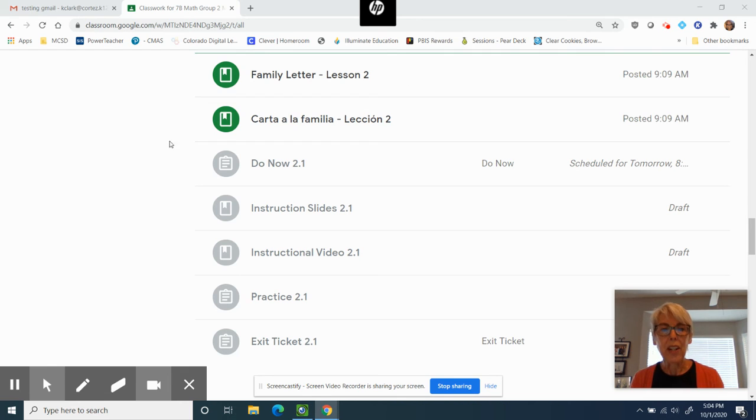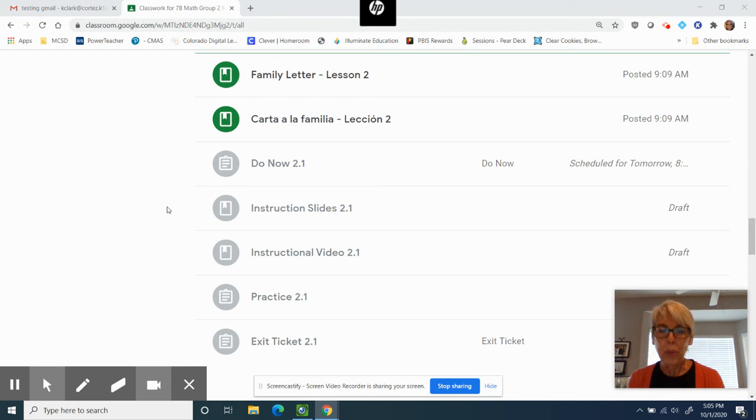What you should have done already is done the do now and submitted that and worked through the instructional slides. Now, what those slides are walking you through is the problem that we'll start with today. And you were looking at the problem in several different ways, hopefully typing in your responses as you went through, just like we would do in class.